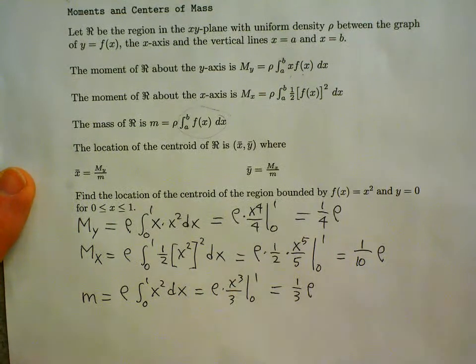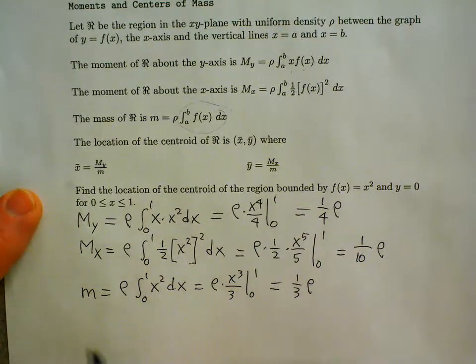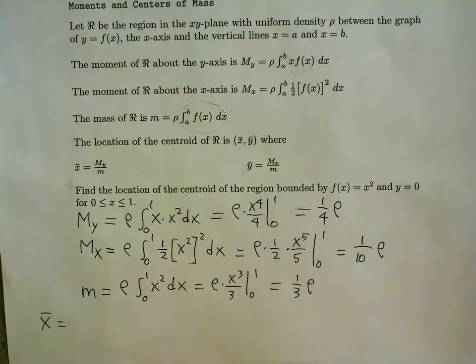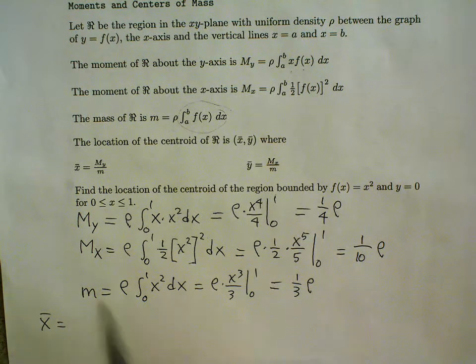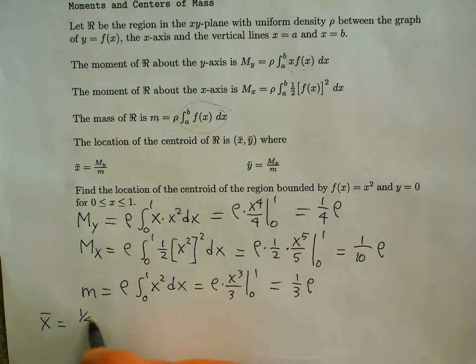And now we can find the centroid, the center of gravity. x bar is equal to the moment about the y-axis divided by the mass, so 1/4 times rho divided by 1/3 times rho.